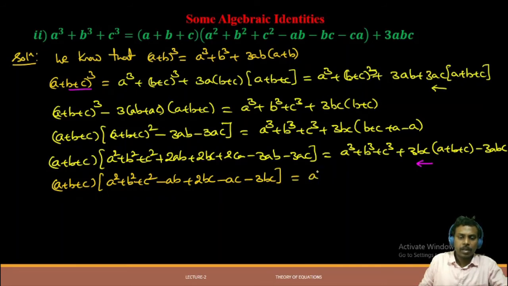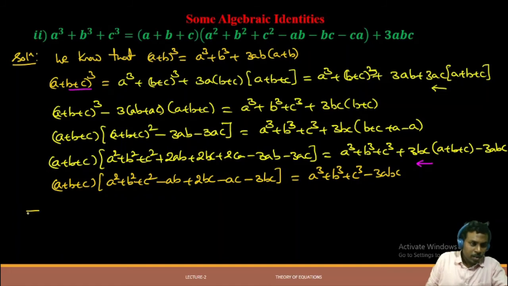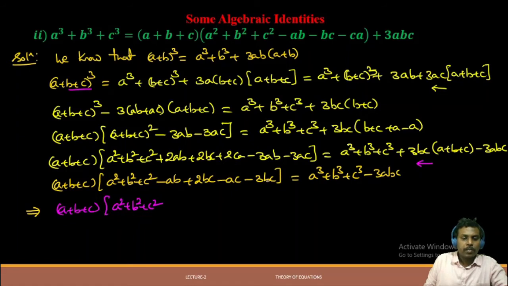That is equal to what? a cube plus b cube plus c cube minus 3abc. Okay. So this implies a plus b plus c into a square plus b square plus c square plus 2bc minus 3bc is minus bc.